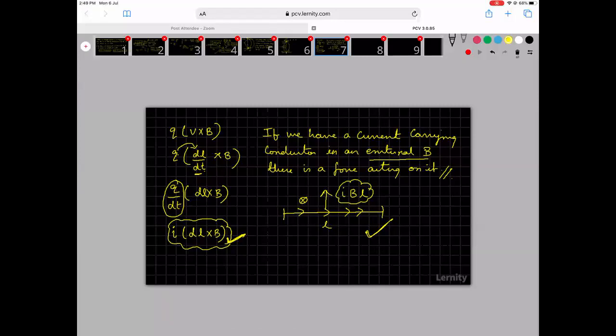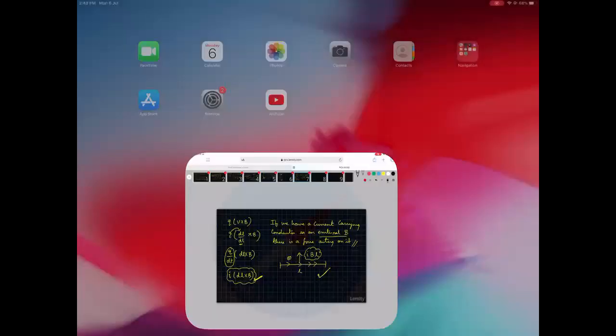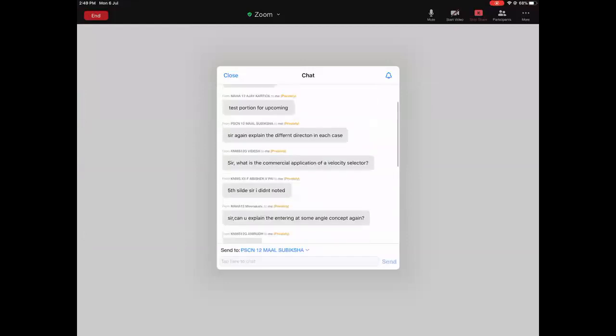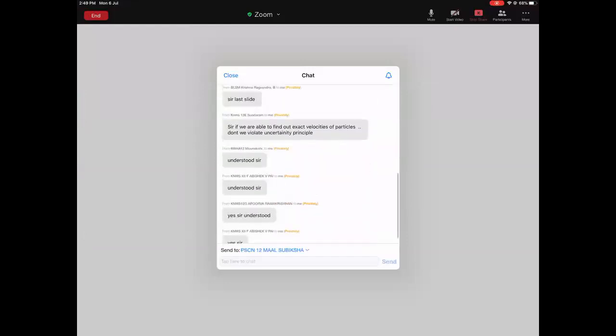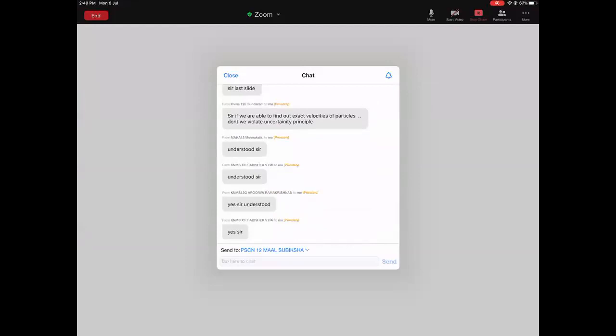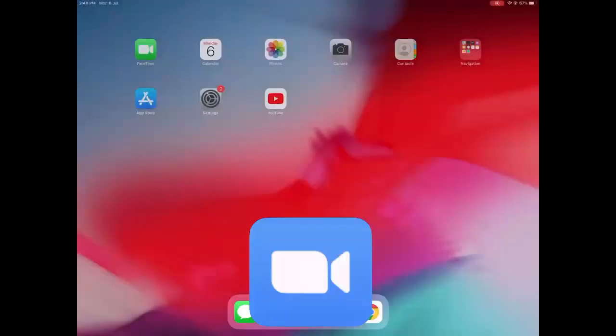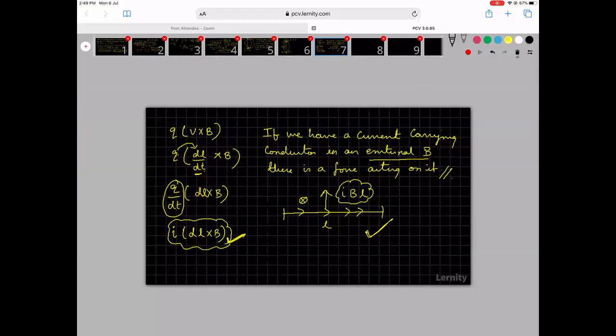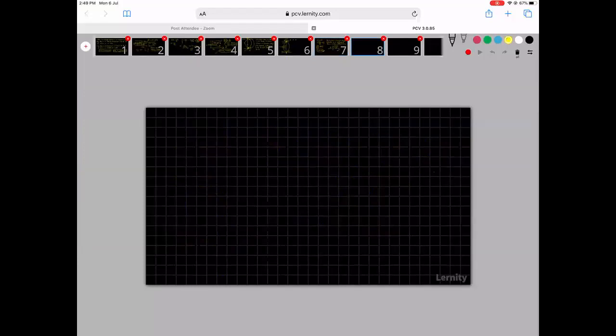B for magnetic field, I for current, L for the length of the conductor. Okay, so if this is understood, then slowly I will move ahead.